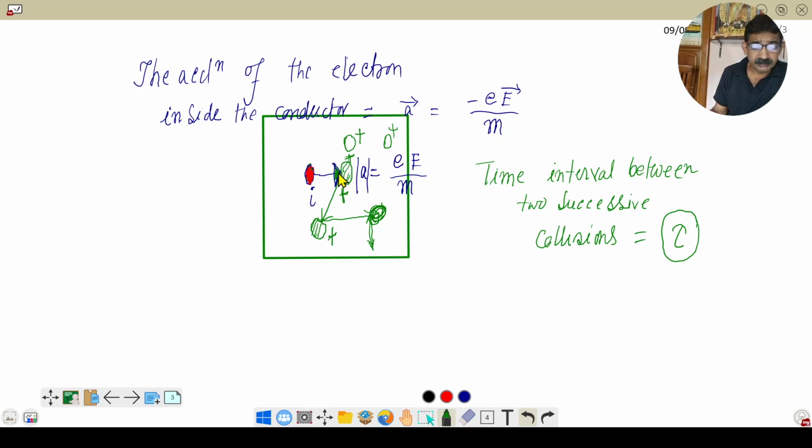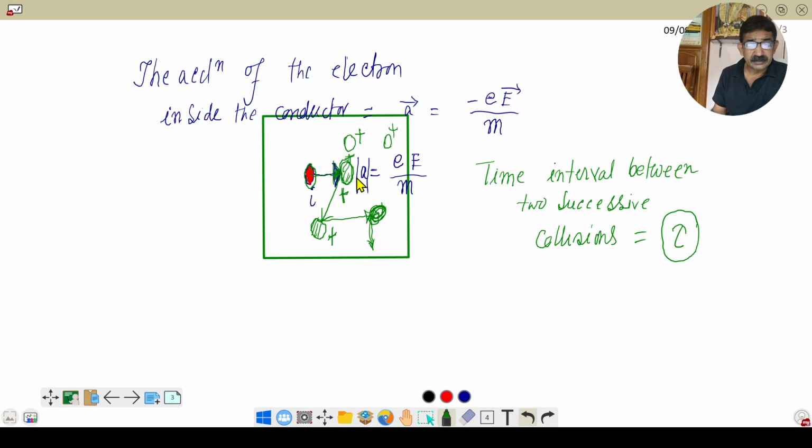Before one collision, suppose this is the initial position of the ith electron we are observing, at a particular time. This is not relaxation time, just a particular time, and after time t, it will collide with another positive ion, and after collision, it will move in another direction, then another collision here, and it will move along another direction.